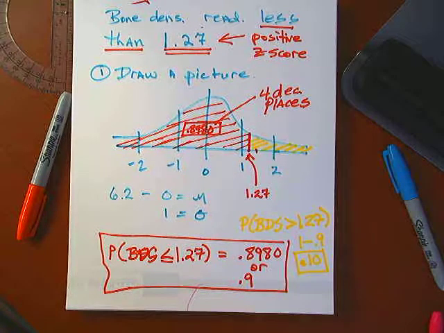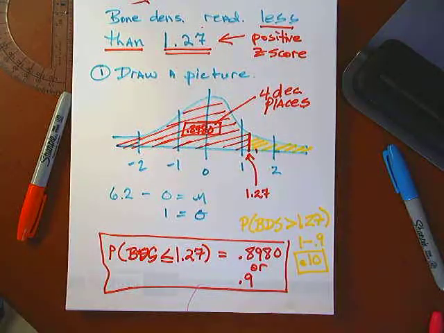Now, there is another way you can find this area. The other way is using technology. I don't have a calculator with me, but you can go to normal, let's see if I can pull it up on my computer here, the TI, and I'll just tell you what the operation is.